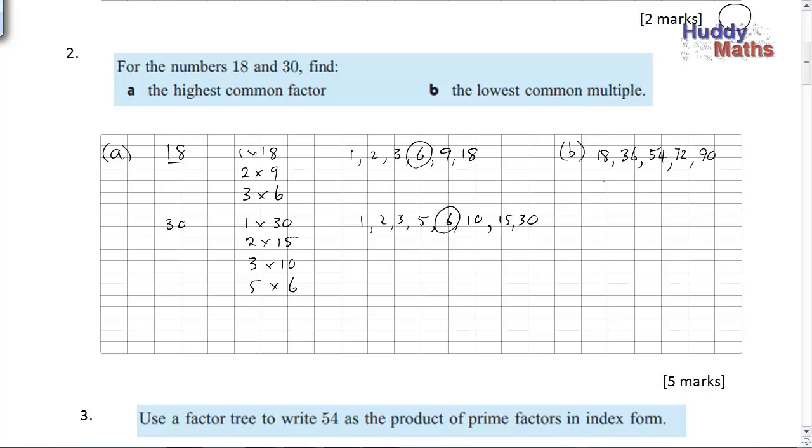Okay, what about 30? 30, 2 thirties are 60, 3 thirties are 90. Oh, we've got it. There's the lowest common multiple. So we'll write our answers now. HCF is 6, lowest common multiple, LCM is 90.